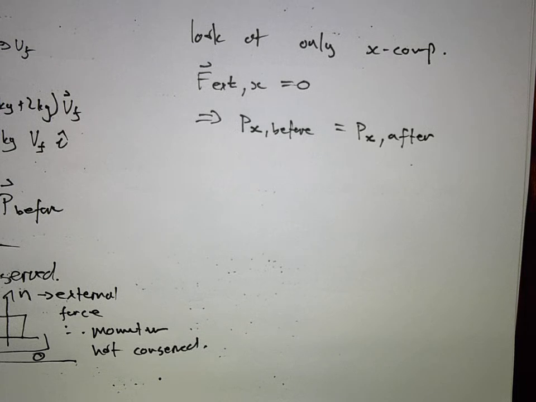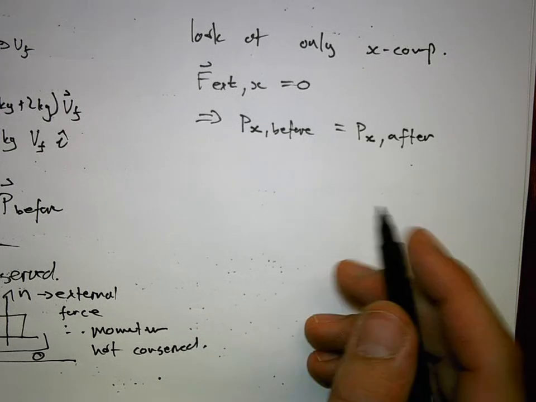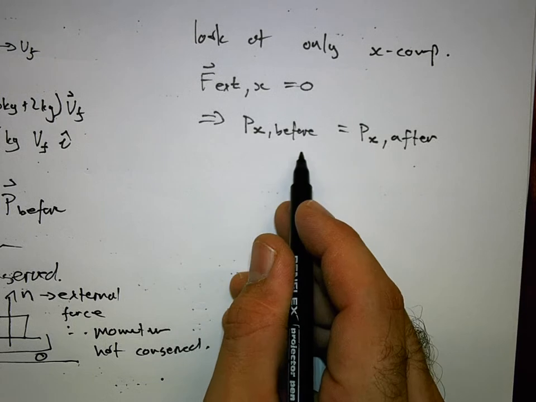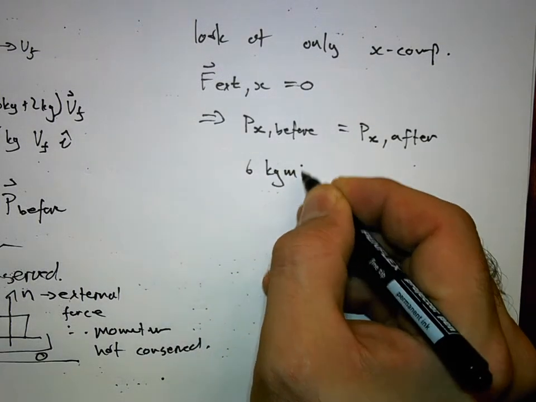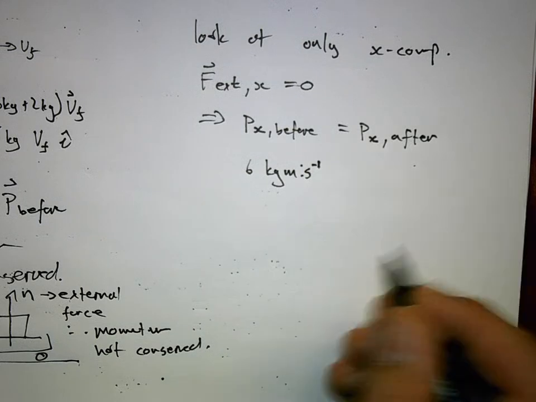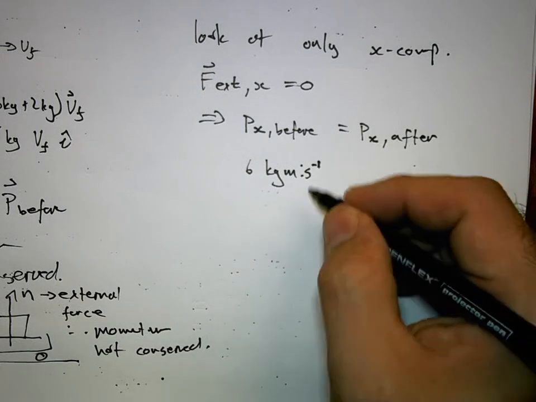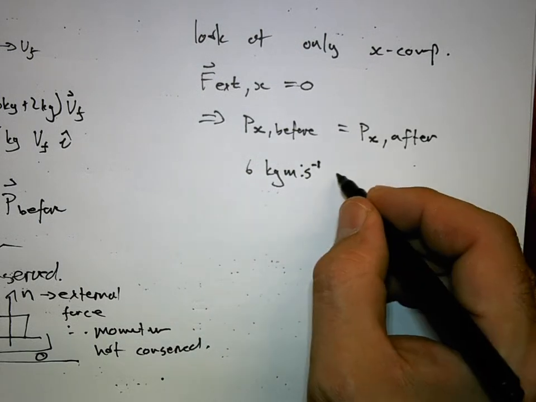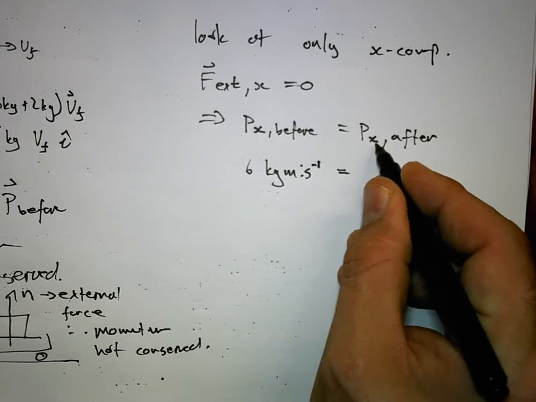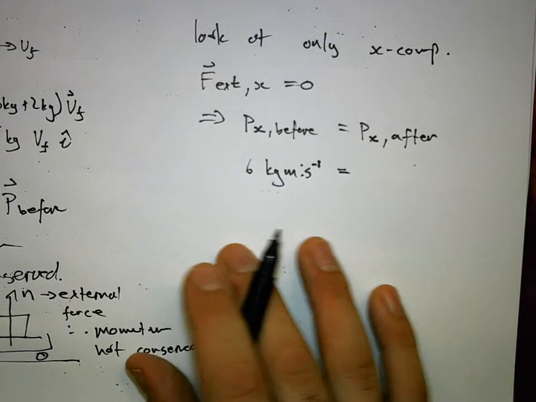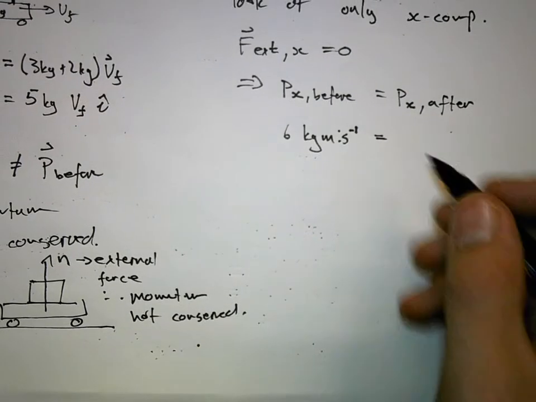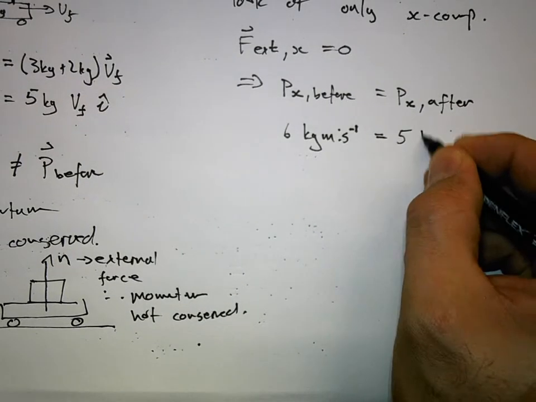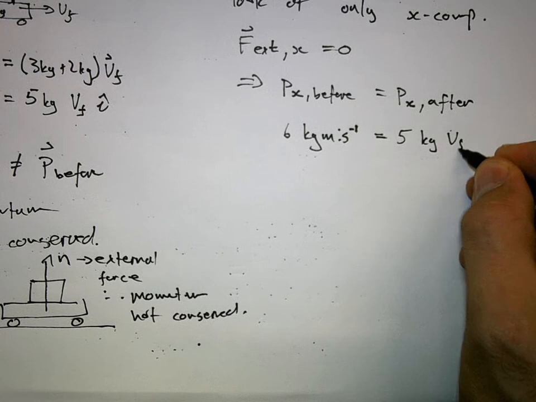Now we already know what this is. So the momentum before, its x component was just 6 kilograms meters per second, and it was in the positive x direction, so I'm just going to keep this positive. This must now be equals to the total momentum along x after, which we know is that. Also in the positive x direction, so this is 5 kilograms times the final velocity.